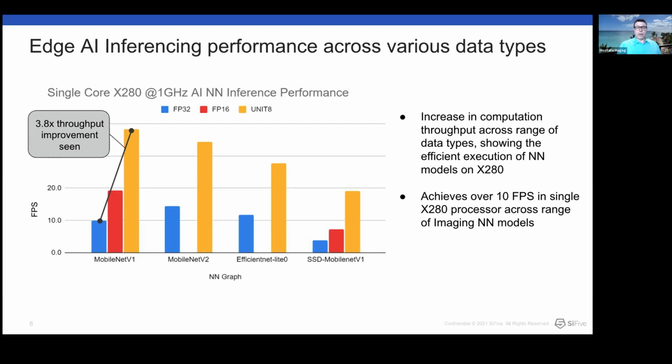Again, this is a single core, one gigahertz. But in some models, in this case, like the SSD MobileNet V1, you can't. Even with the half precision, you can't achieve that, and you really need that quantized model to go above that bar. And this is an example of why it's very common in AI inference on the edge to use int8 data types.